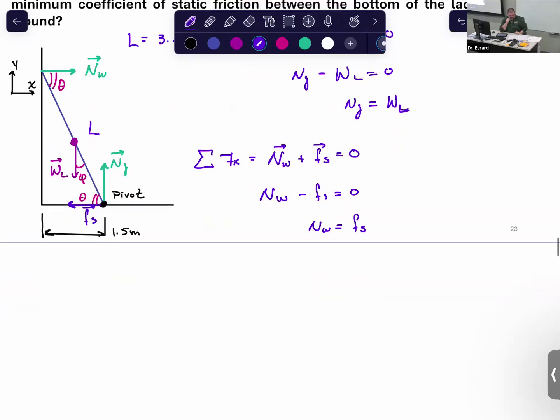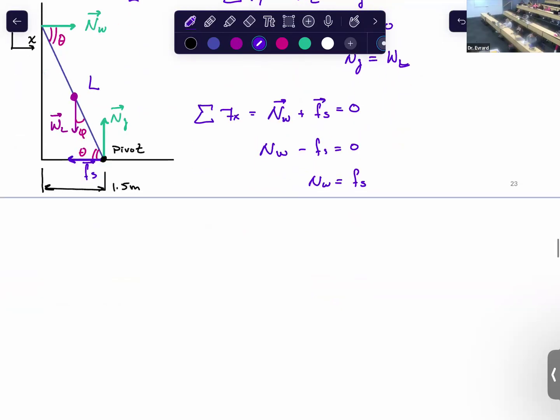What torques are going to come into play here? Is the normal force due to the ground going to be a source of torque? I mean, you could model it as such, but what happens? Just zero. Why is it 0? Well, let's look at it. What if we did the torque from the normal to the ground?